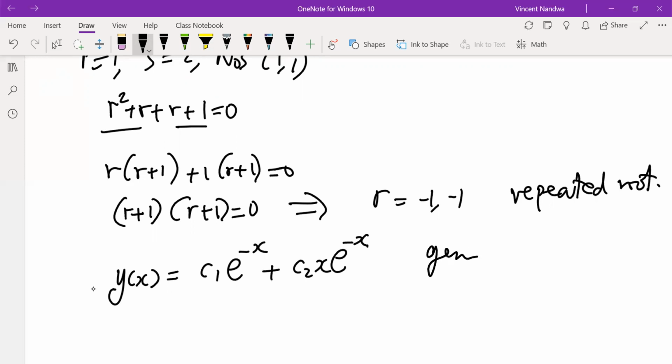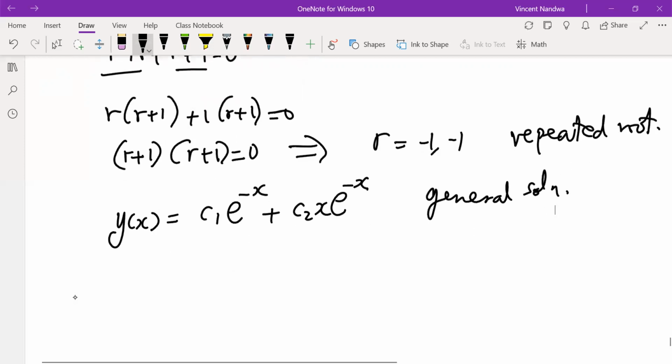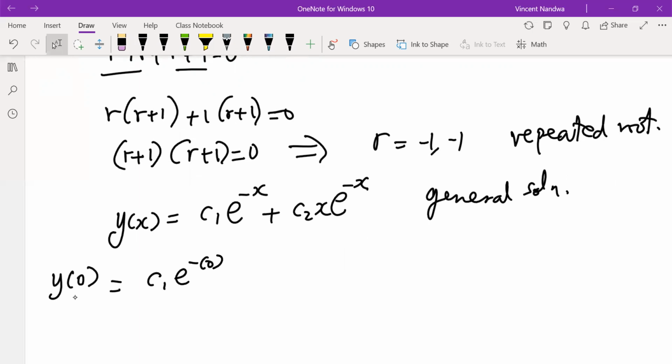This is the general solution. Now, when x is 0, we have c1 e raised to the power -0 plus c2 times 0 times e raised to the power -0, which is just c1. And this gives us 1.